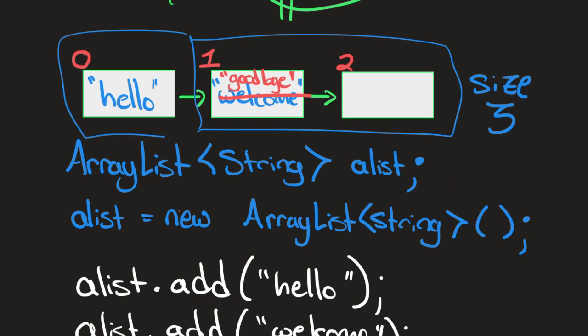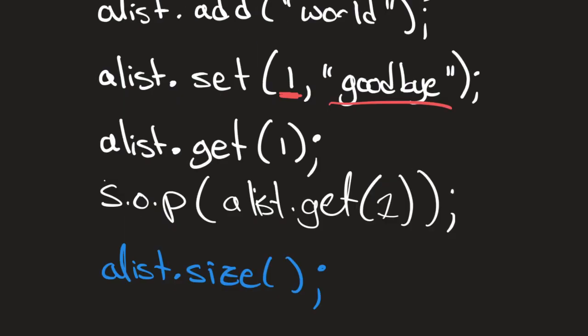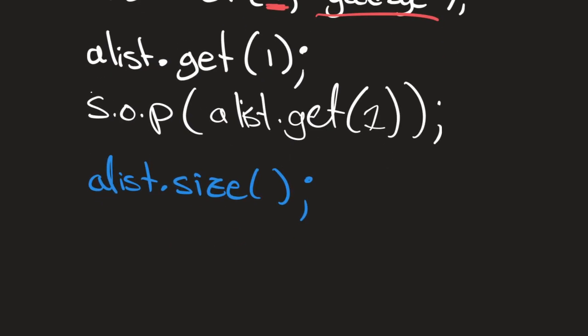So 1, 2, 3. And you'll notice that similar to an array, because we start indexing at 0, size is always going to be strictly greater than the last index, because the last index is equal to size minus 1.